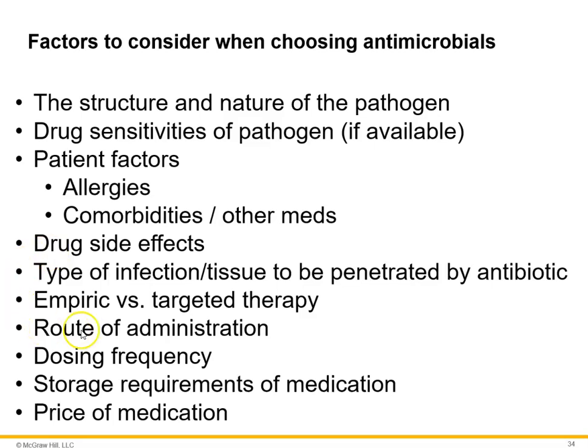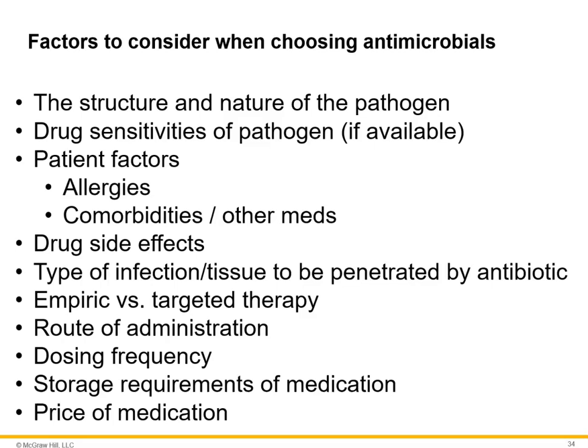You need to consider whether you're prescribing empiric or targeted therapy. Empiric therapy is when you don't know exactly what the cause of the infection is, but you're going to treat for the most possible pathogens that you can. And so this usually involves a broad spectrum antibiotic. The reason we use empiric therapy is basically to buy ourselves time until we get the drug sensitivities of the pathogen back.